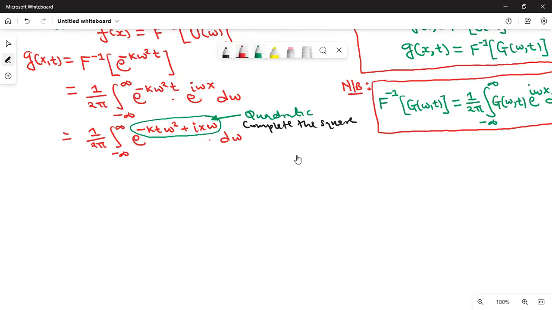We are going to complete the square in that exponent because it is quadratic.